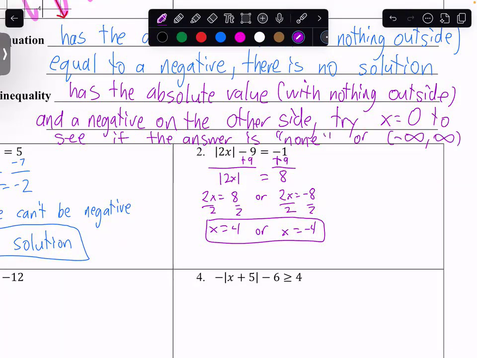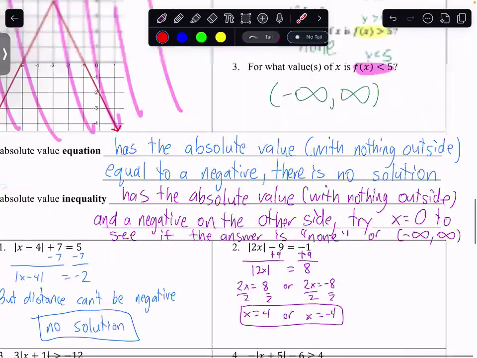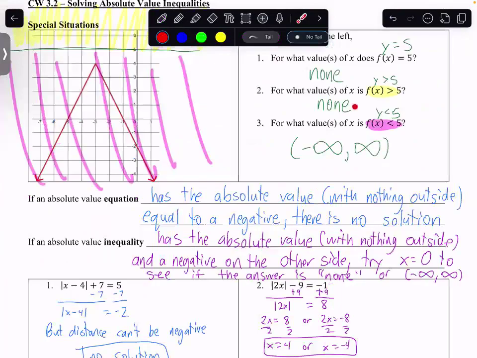Okay, so as we saw in the graph above, depending on what direction you go, your inequality could either completely miss the graph and there's no solution, or you could shade in the entire graph and the answer is negative infinity, comma, infinity.